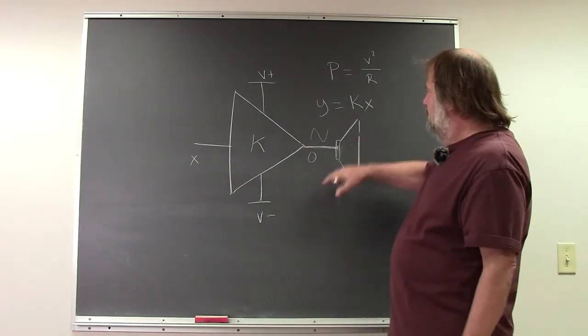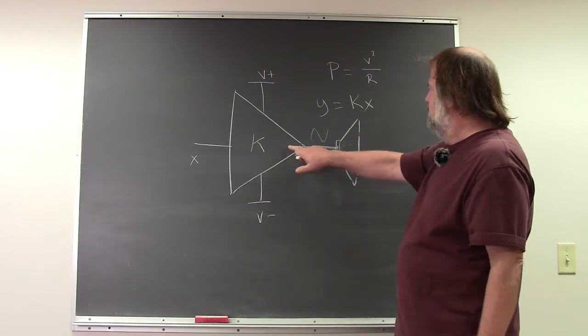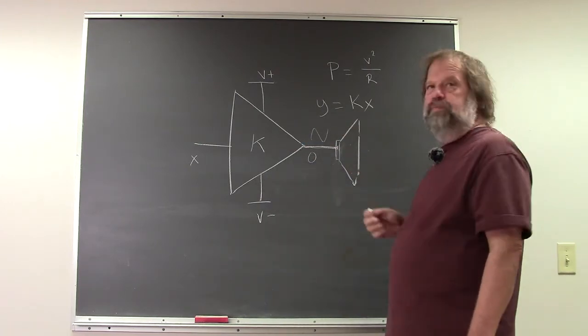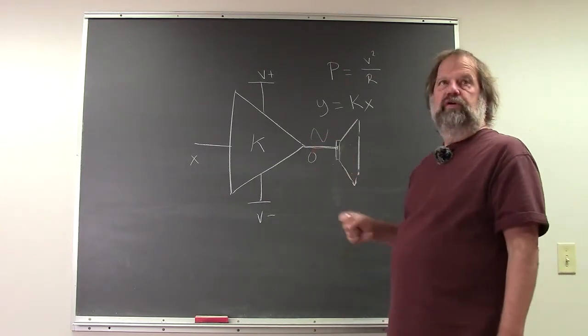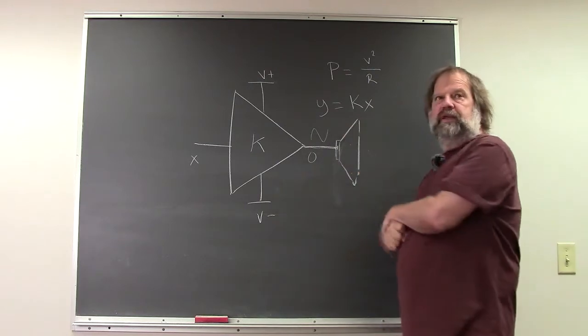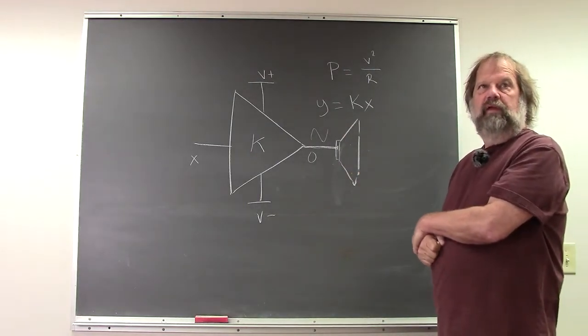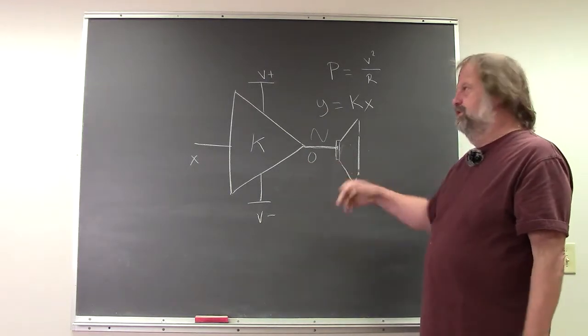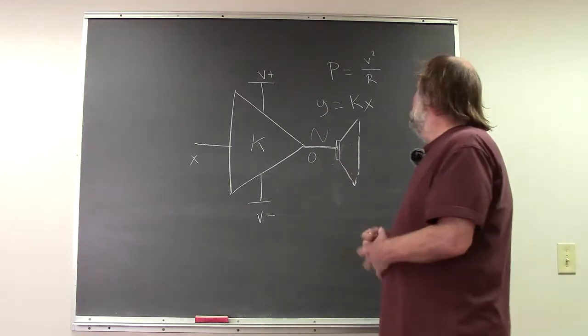How far will this amplifier swing? Because the sound pressure level of this loudspeaker is going to be a function of how many volts go into it. And if this is an ideal amplifier, it doesn't really matter what the impedance of the loudspeaker is at all, because we'll just keep supplying current until it's a dead short.